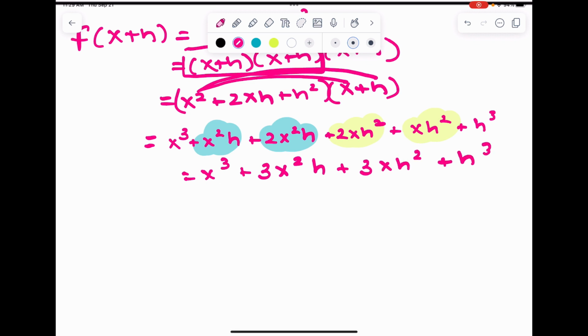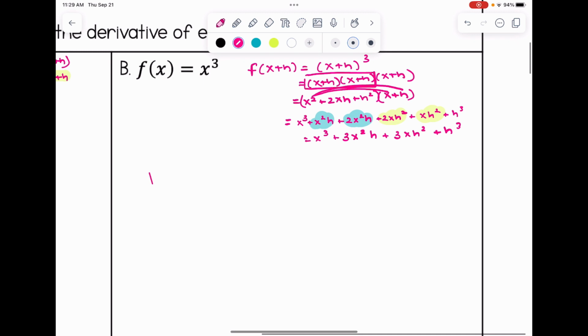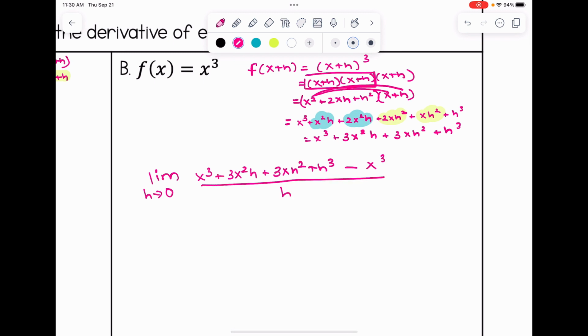And now I have found f of x plus h. So let's put this in our whole limit definition of the derivative. Subtract f of x, so just subtract x cubed all over h.